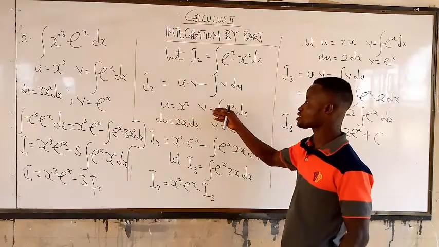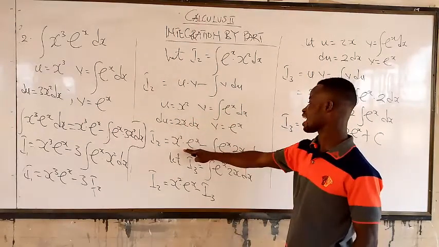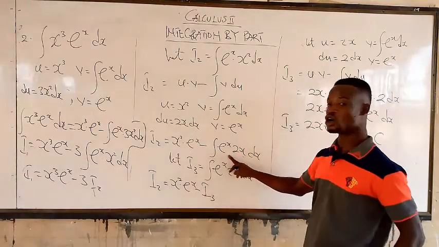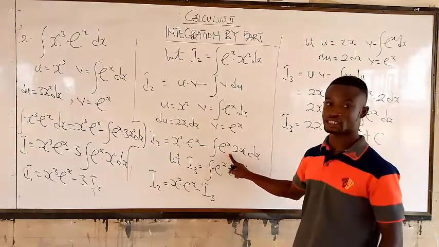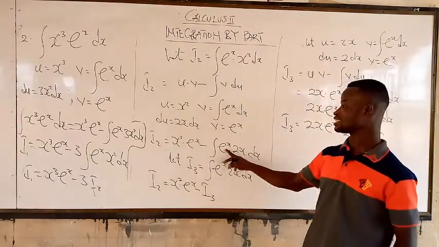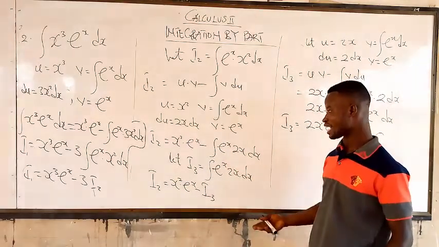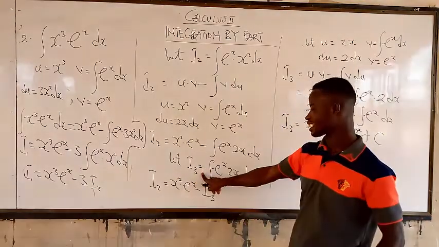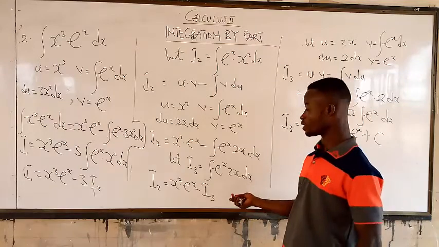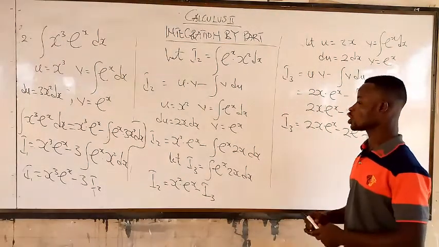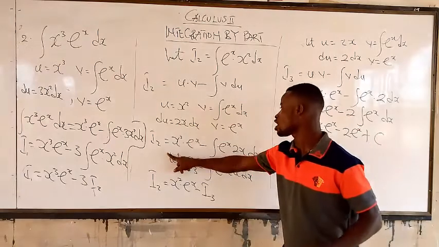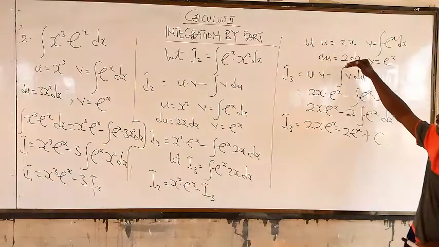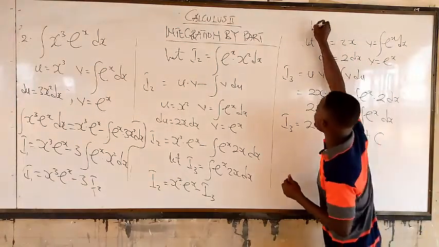We go through the procedure and we have I2 to be this. Now, what we are having here should also be done by integration by parts, because it's just two functions being multiplied. Then we say let's go back again and set our I3 to be equal to that. And when you integrate it, the whole of I2 is going to be this minus I3. And when you come back and integrate I3, let me write that here.